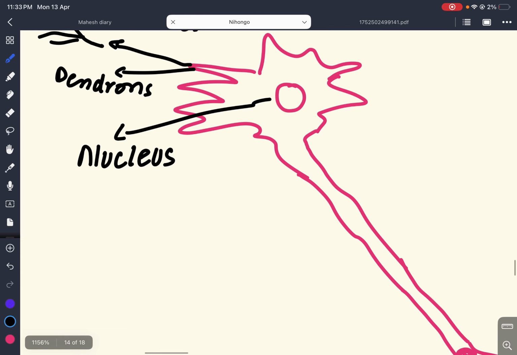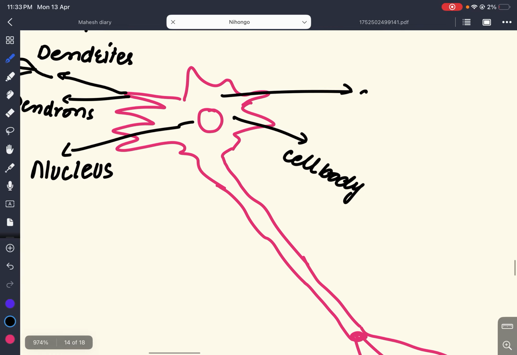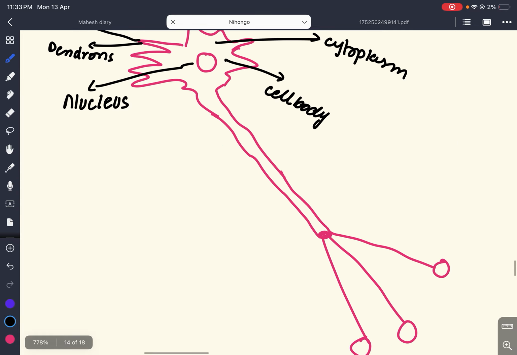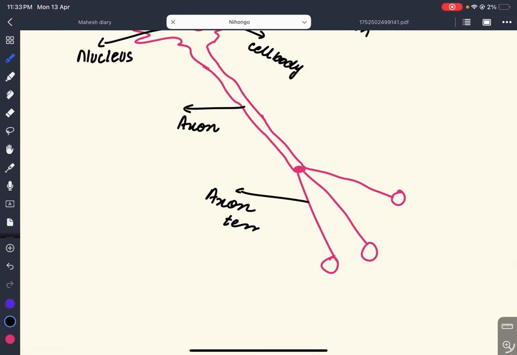This is called the cell body. ठीक है. It has cytoplasm. Okay. Then it has an axon. Then it has axon terminals. These three things are called terminals because they are just getting out of that section, right?